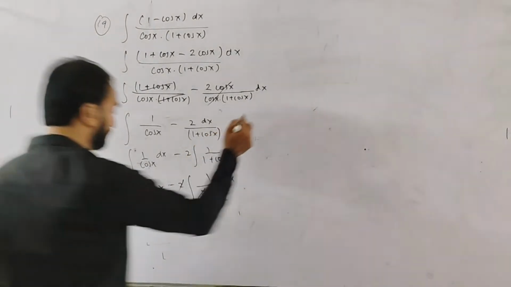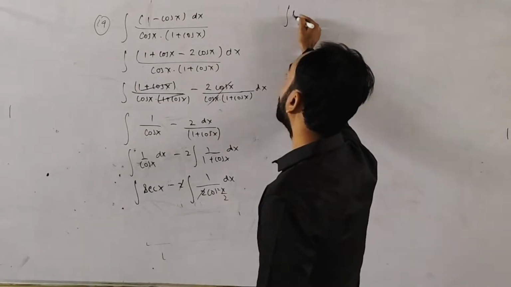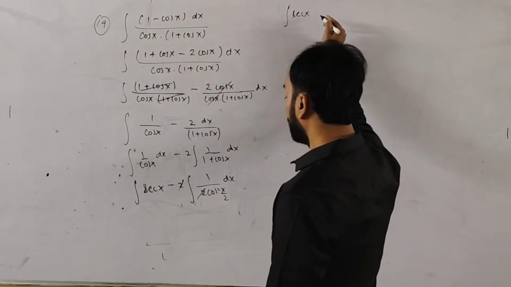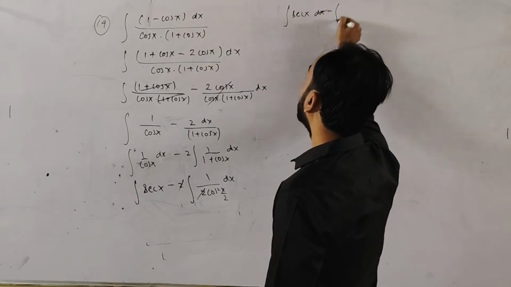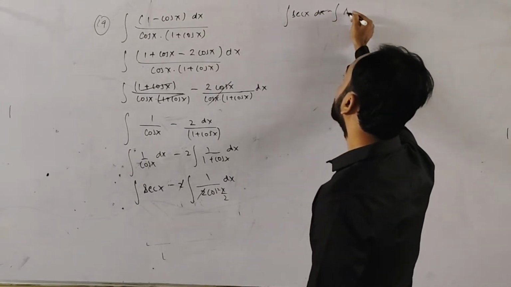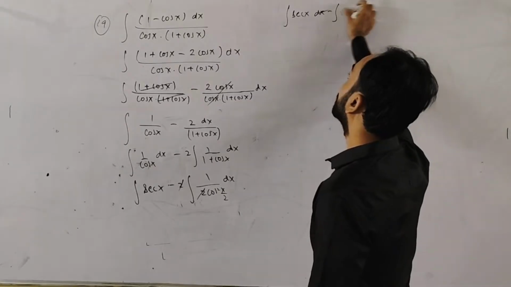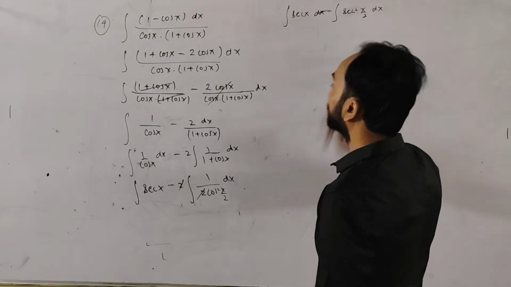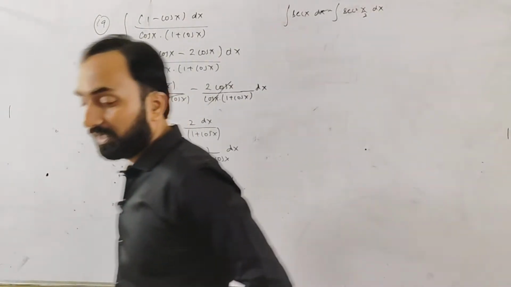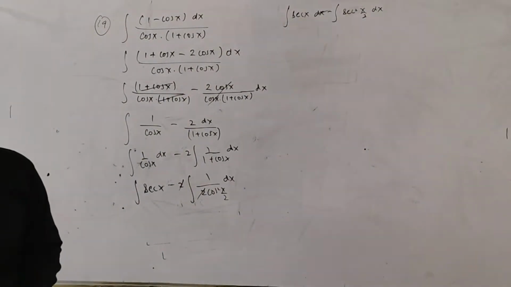So the final integration we have to do is the integral of secant x dx minus the integral of secant square x by 2 dx. Now how can we do this?